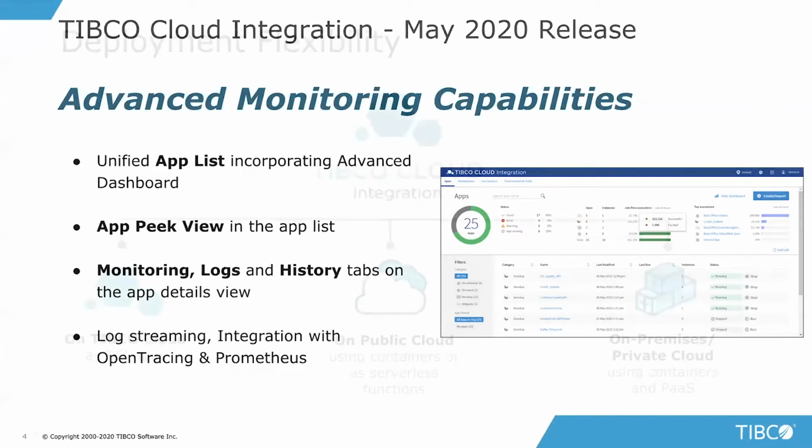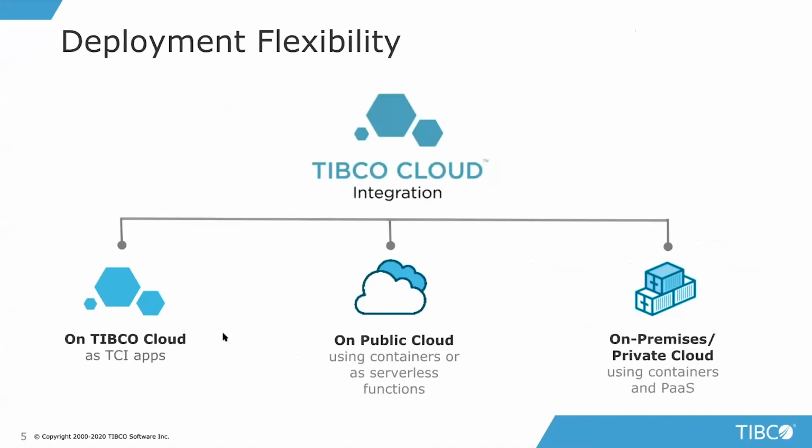Now, before I introduce the new feature, let's take a quick look at the deployment flexibility that you get with TIBCO Cloud Integration. When you develop an application using TIBCO Cloud Integration capabilities, you have the flexibility to deploy these applications anywhere you want. You can run them on TIBCO Cloud, which is a managed cloud platform. You can run them on a public cloud platform of your choice using containers.